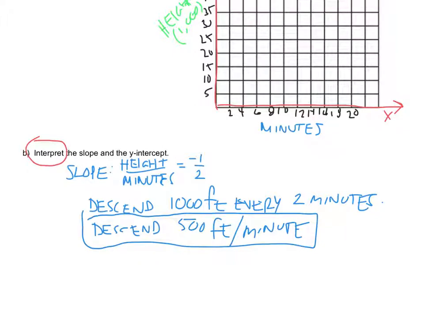So then what is the y-intercept telling us? Well, the y-intercept is 0 minutes and 65 for the height. What does that mean?